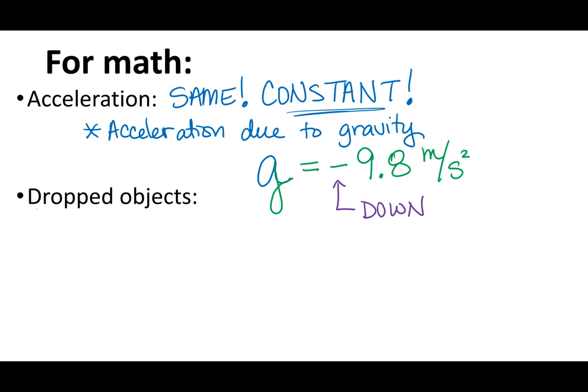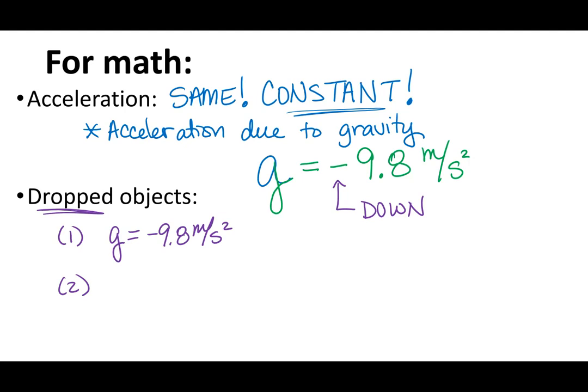Now, if we are looking specifically at dropped objects, if you see this word, that means, number one, that you have g is negative 9.8 meters per second squared, because obviously gravity is affecting it, which is why it drops. The other thing we know is that it is let go, not thrown.